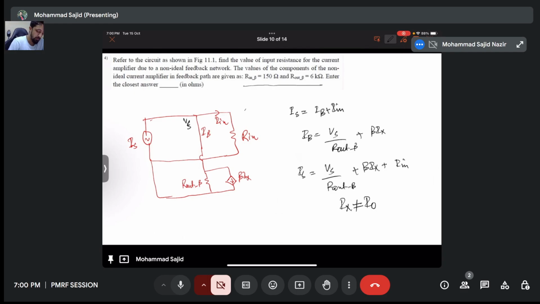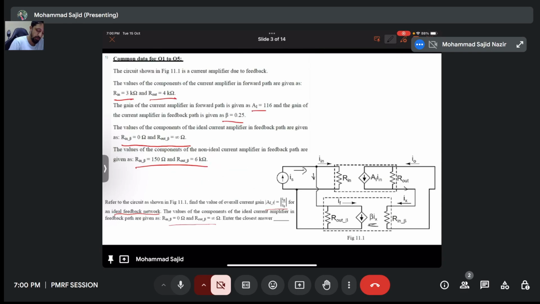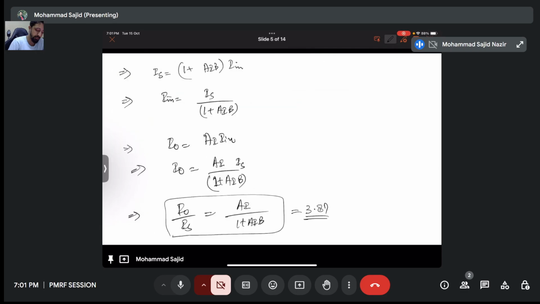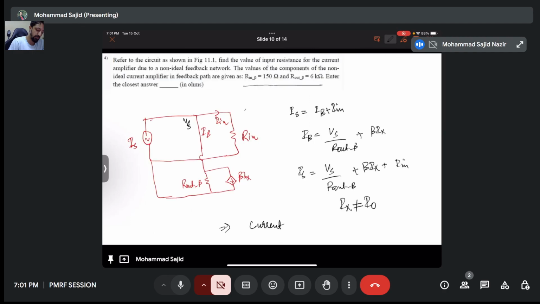So it will be a current distribution between R in underscore beta and R out.